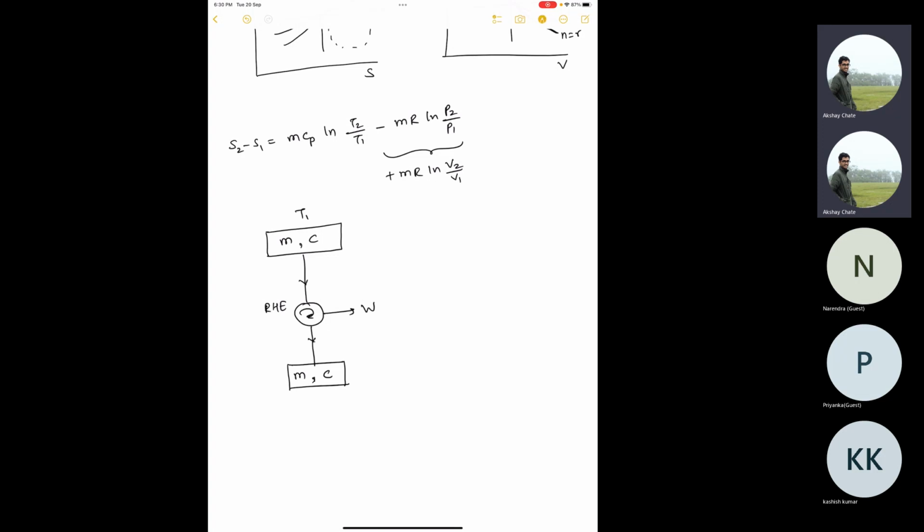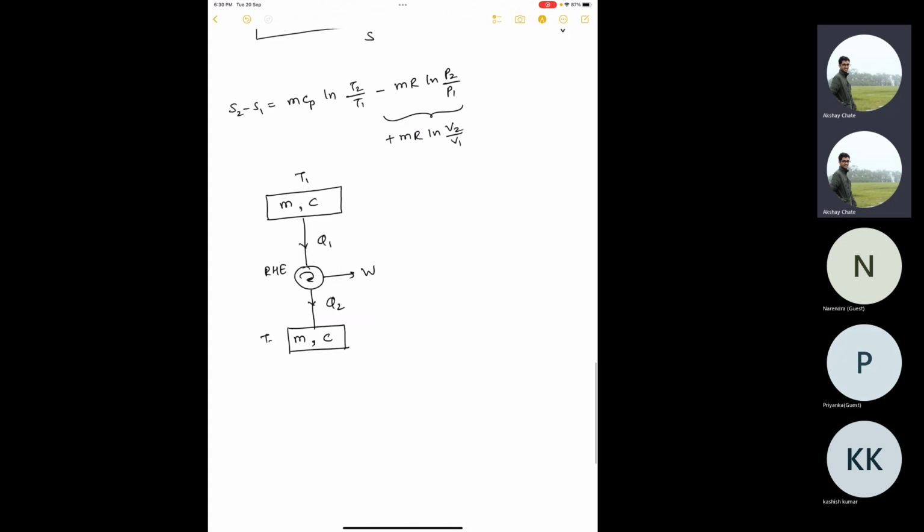Then there will be some work output. There are Q1, Q2 heat interactions, and the sink is at temperature T2. So this is a reversible cycle, both internally and externally reversible.